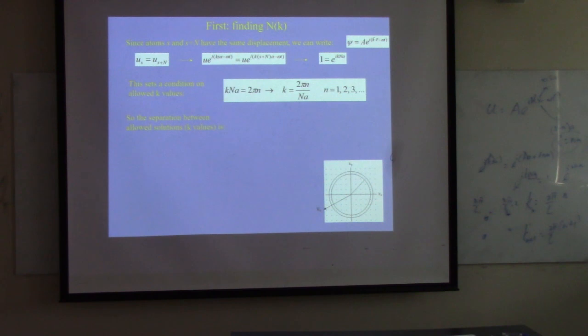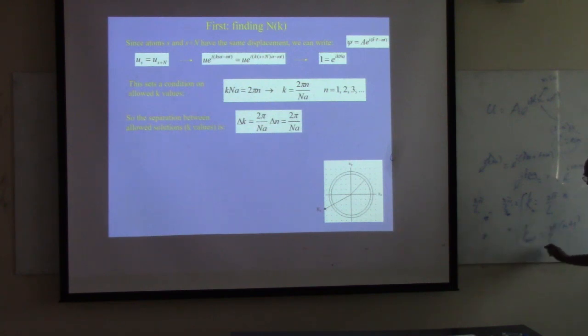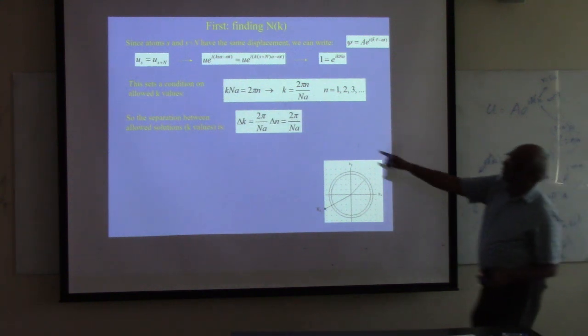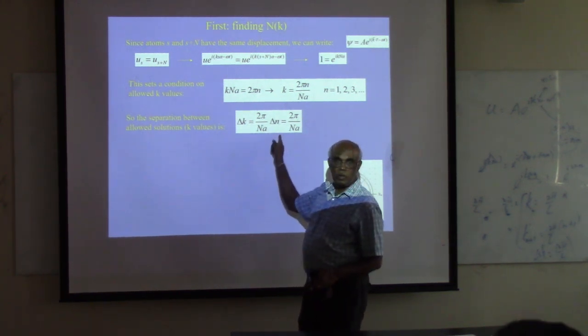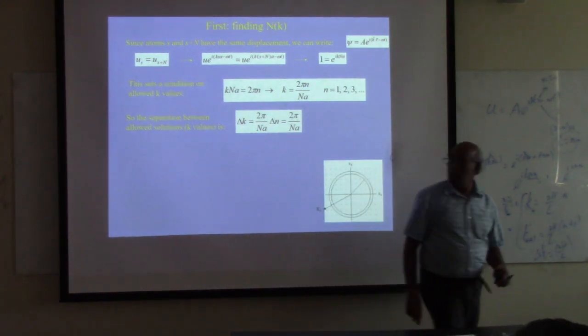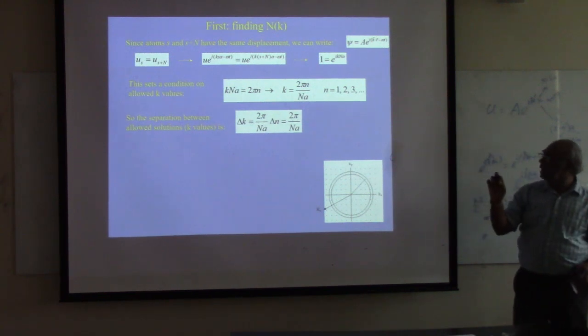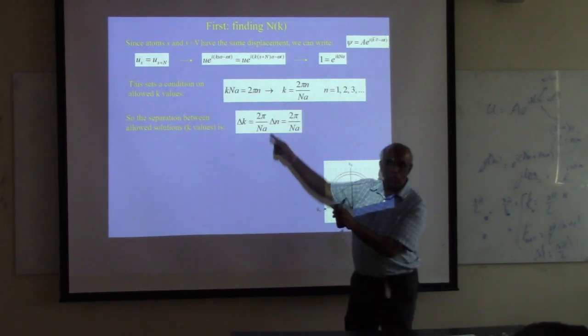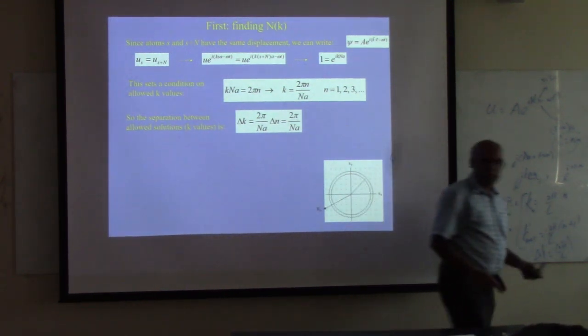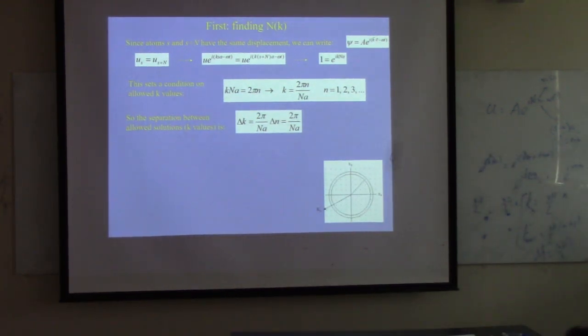If you calculate, like I said, the difference between these two is delta K, which is 2 pi over L. So the separation between allowed solutions in K value is simply 2 pi over L. So how many modes are there for a given delta K? That is 1 over delta K.